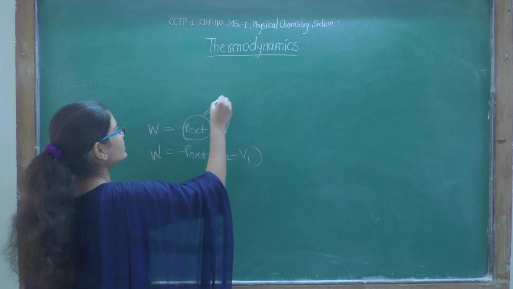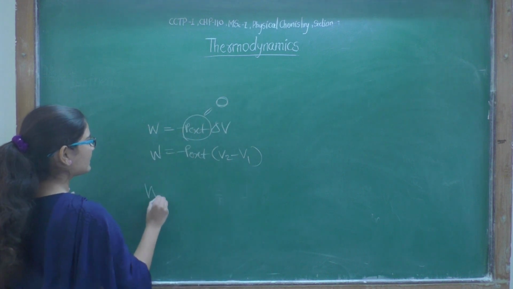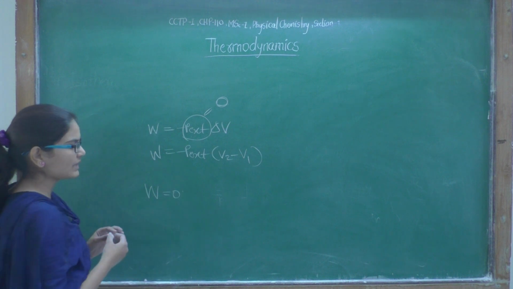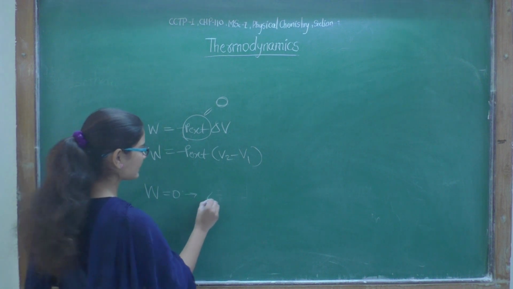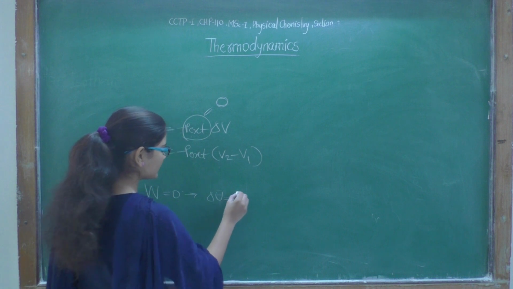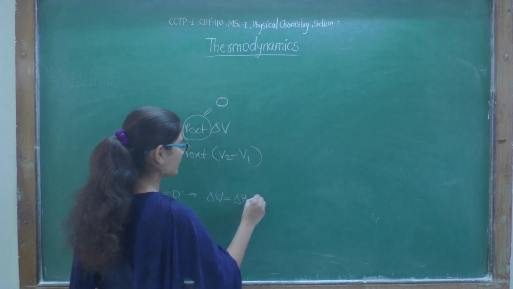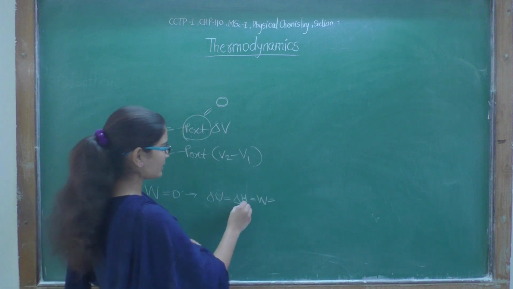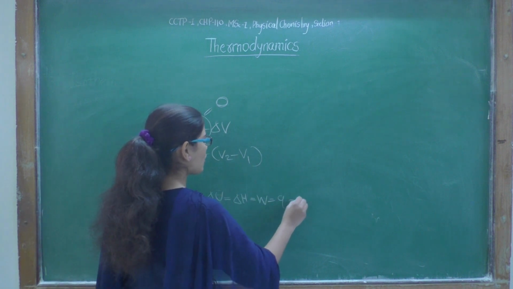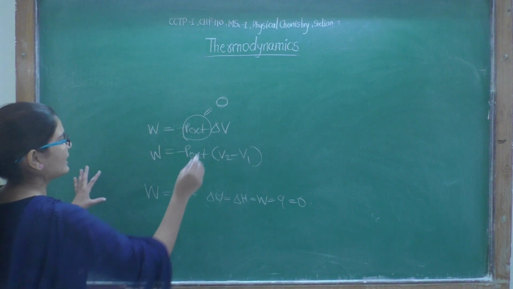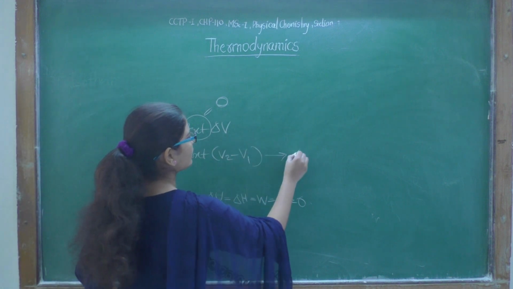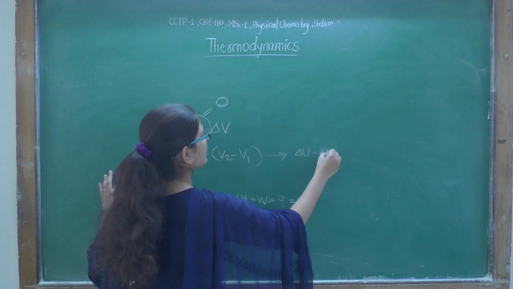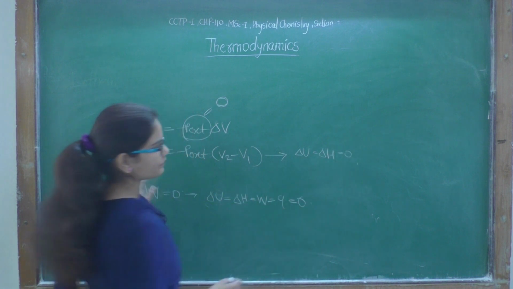For free expansion, pressure will be 0, and therefore W will be 0. And in this case, as temperature is constant, delta U and delta H will be 0.